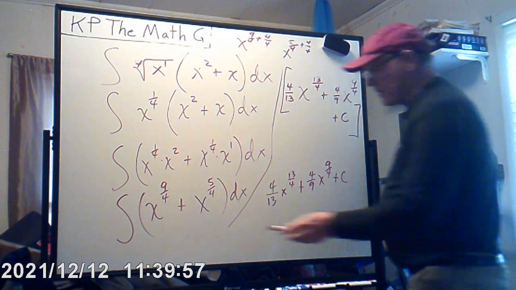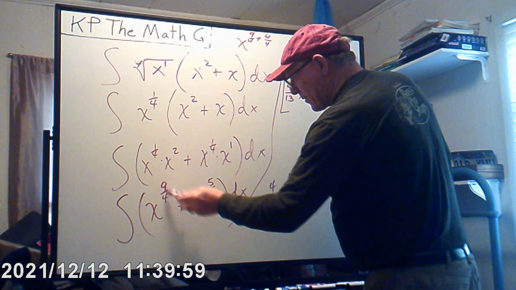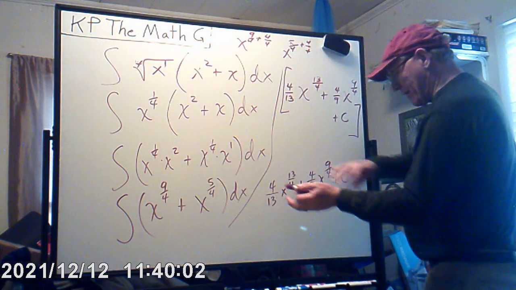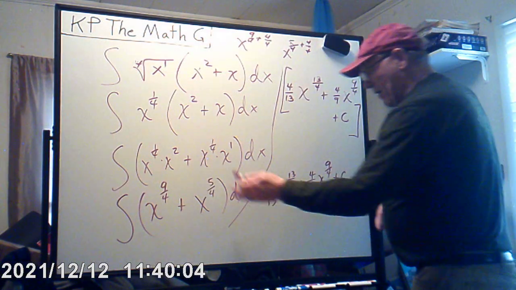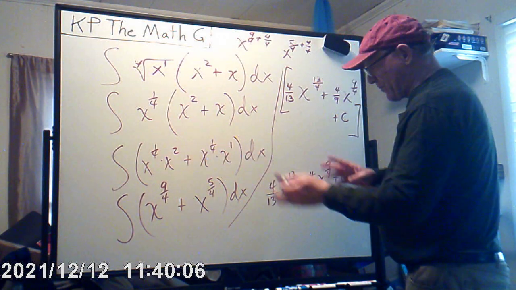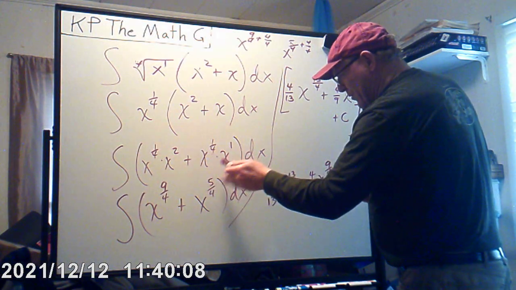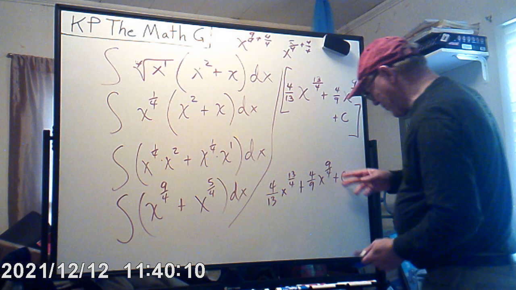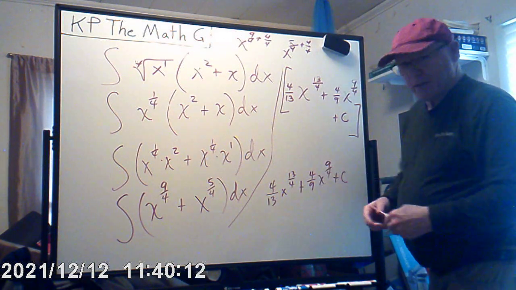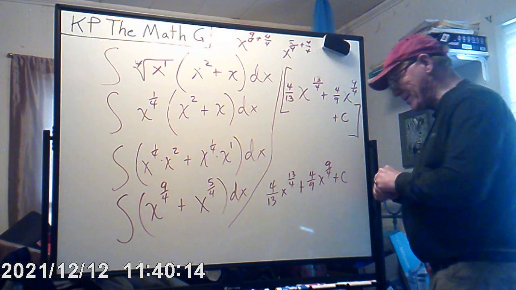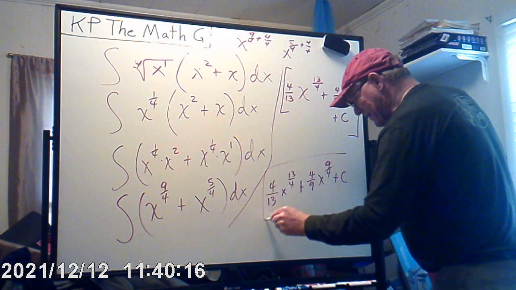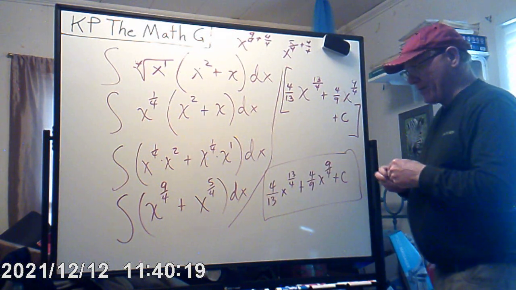You add 1 to 9/4, you get 4/4. 4 plus 9 is 13. Flip that over. You add 1 to 5/4, you get 5/4 plus 4 more fourths, that's 9/4. And flip that over and put it in front. Make life as simple as possible for you. And there it is. Okay.